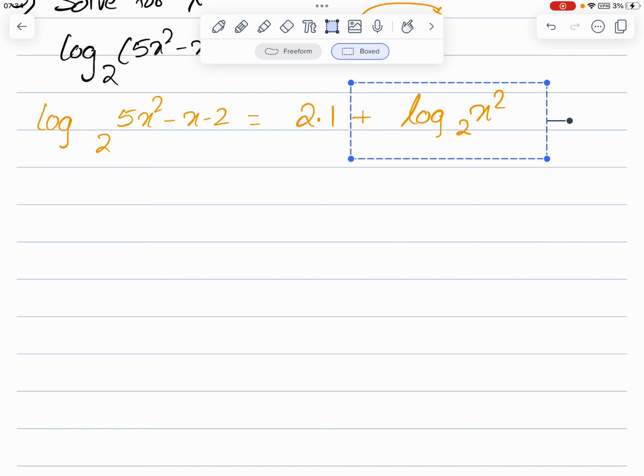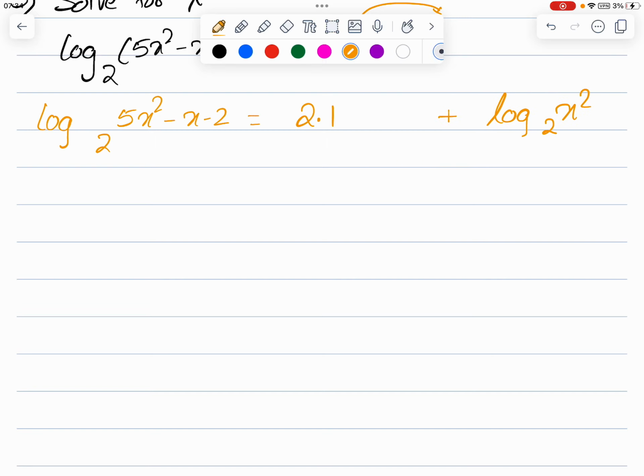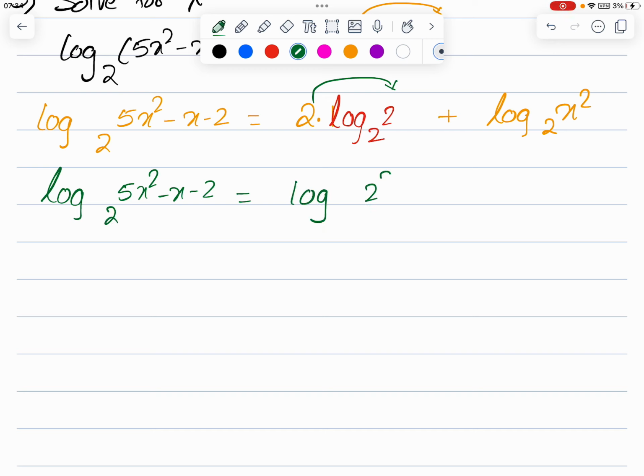So I move this to the other side, and again this 2 goes to the power. So what do I get from there? log (5x² − x − 2) to the base 2 equals log 2² to the base 2 plus log x² to the base 2.